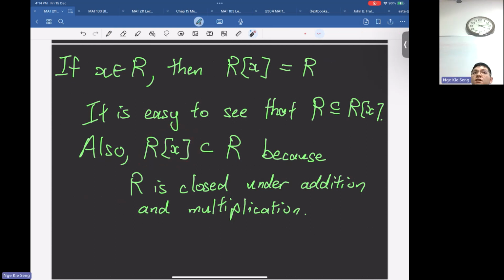You need to define the multiplication and the addition. How do you define them? Actually, you define them coefficient-wise. I think I briefly mentioned this.